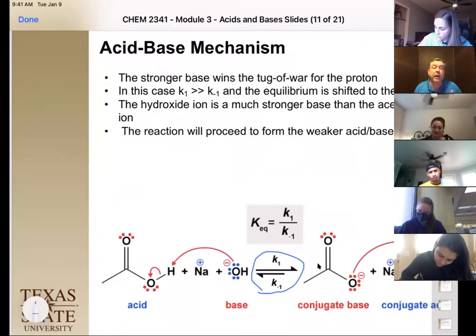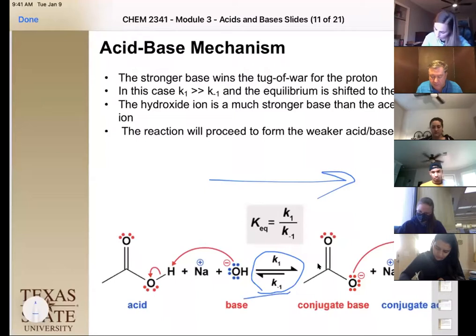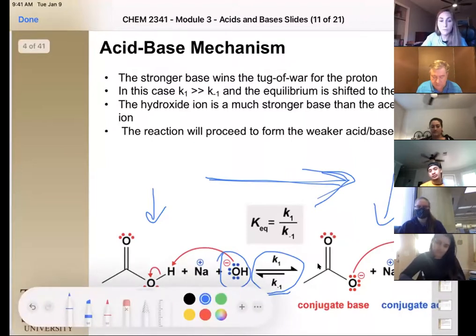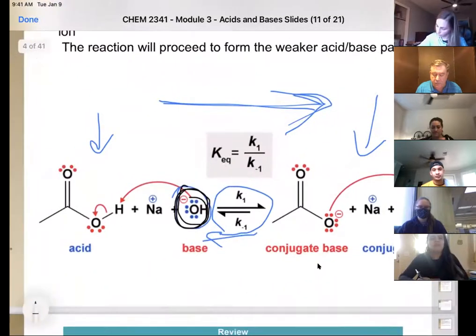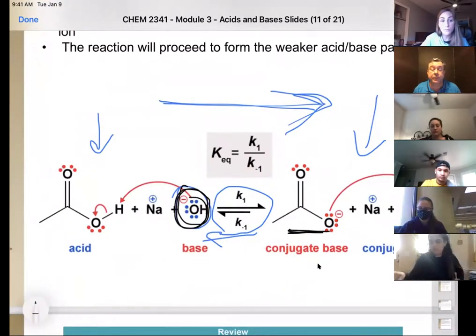In the case where the equilibrium forward right here to this condition is much, much higher than the back one, it's going to be shifted more toward this side. So we're going to have more of these products and fewer of these products, okay? And the reason it does that is the hydroxide ion here. Let me actually do it right here. The hydroxide ion is a stronger base than the base on this side of the equation.